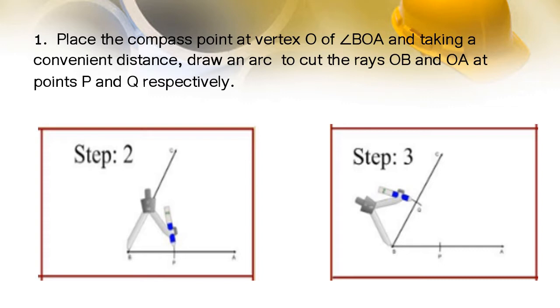Taking a convenient distance, draw an arc to cut the rays OB and OA. सोयीस्कर अंतर घेऊन O बिंदूवर कंपासचं टोक ठेवलं आणि OA, OB याला छेदणारे आपण आर्क काढले, कंस काढले. Now name them P and Q respectively. त्याला P आणि Q ही आपण नावं दिली.